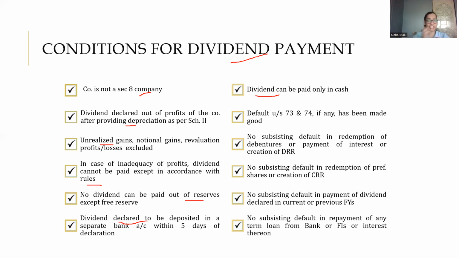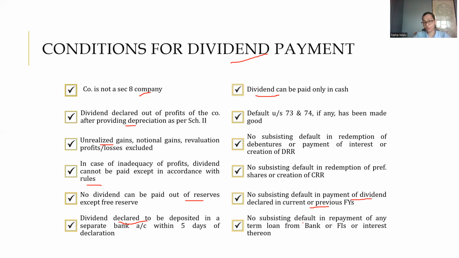And if there is any default of Section 73 or 74, or any subsisting default of redemption of debentures, payment of interest or creation of DRR, or a default of redemption of preference shares or creation of CRR, or any default in payment of dividend declared in the current year or previous years, then the company cannot declare dividend until it has made good all these defaults.